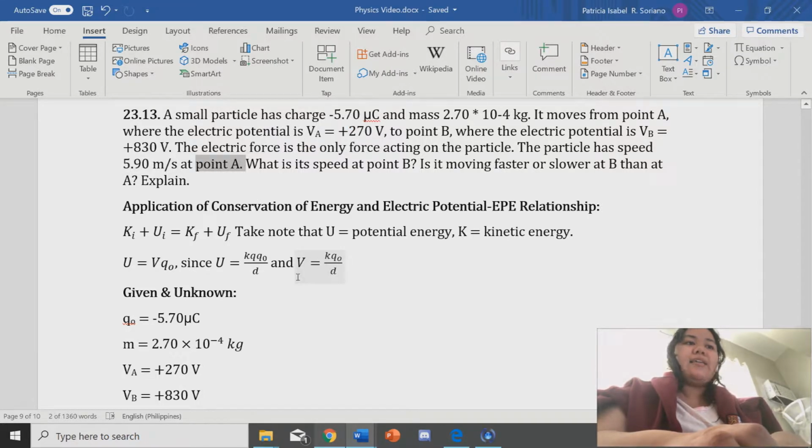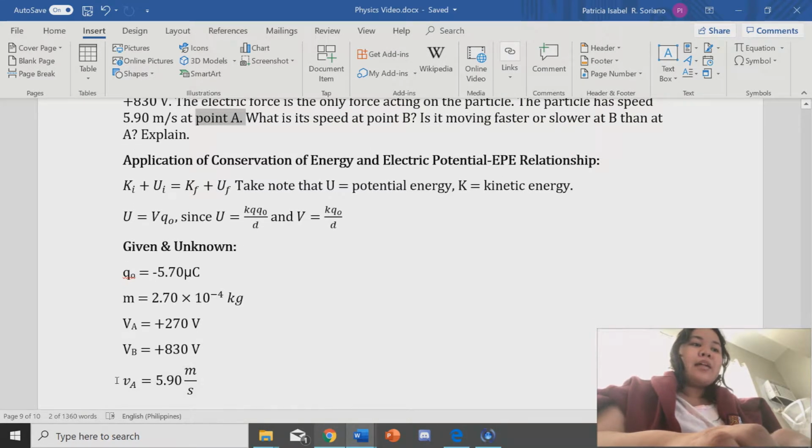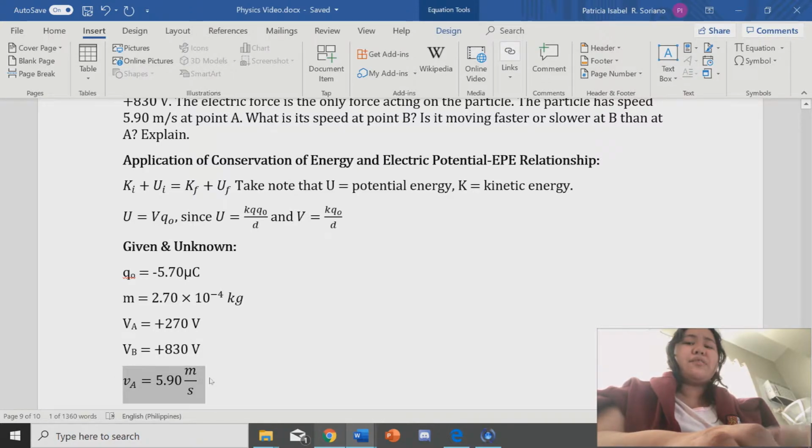That would mean it's a velocity at some point, but since it's directed from point A going to point B, as stated over here, it's traveling from point A to point B. That means that's the initial velocity. So I put it as our VA over here. I just put it as VA, though we could just write VI if you wanted to use kinematics. But let's use VA instead.